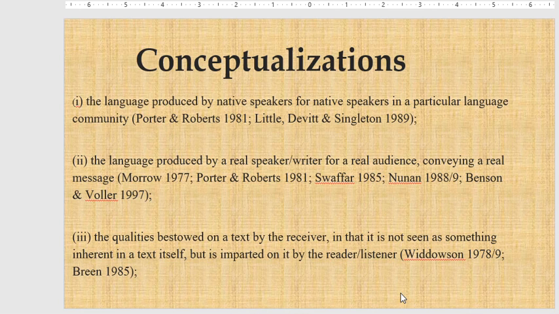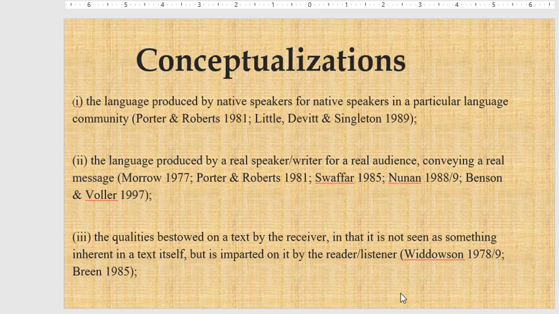Number 3: the qualities bestowed on a text by the receiver. It is not seen as something inherent in a text itself, but it is imparted on it by the reader or listener. Okay, this one is a little bit different.